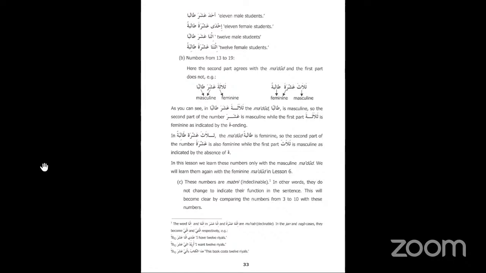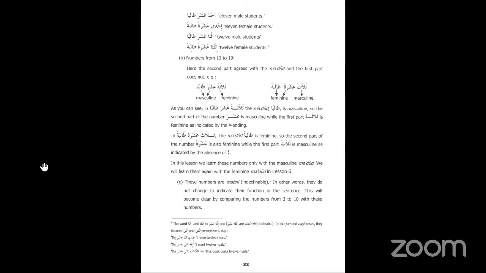As you can see in salasata ashara talibaan, the madud talibaan is masculine, so the second part of the number, ashara, is masculine, while the first part, salasata, is feminine, as indicated by the ta ending.